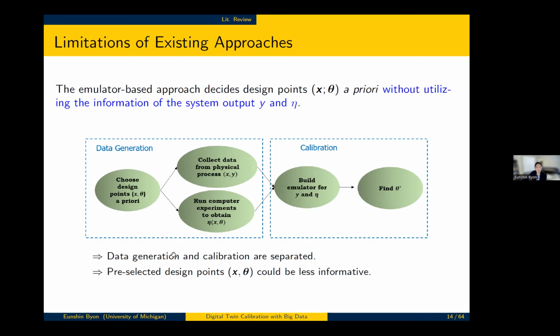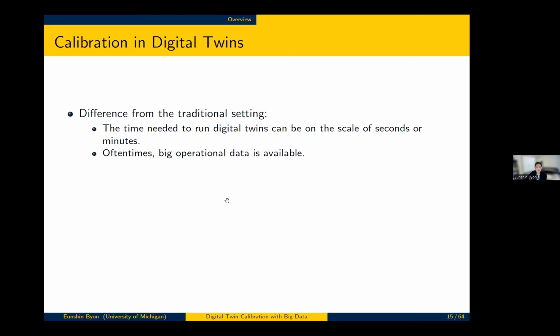So the data generation and calibration are separated. And when pre-selected design points are not really informative, then maybe the calibration accuracy is not very good. So this traditional setting is good when running simulation or conducting a physical trial takes time, that is, when data is scarce.